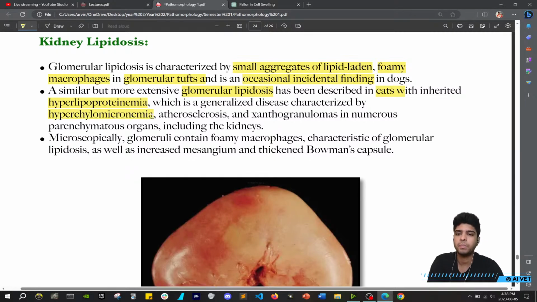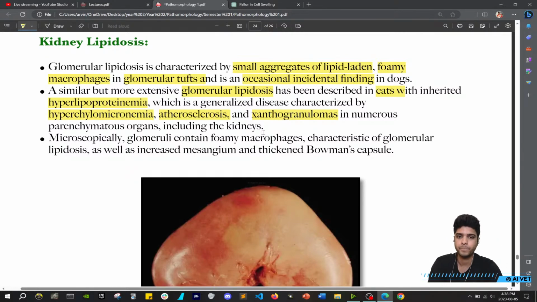Hyperchylomicronemia, hyperproteinemia, atherosclerosis, xanthogranuloma in numerous parenchymatous organs, including the kidneys. Okay.